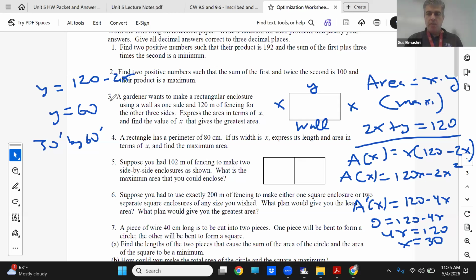Now, how do I prove that this is truly the best option? You take your second derivative, which is what? And of course, it's always concave down. Now, there is actually a restricted domain, by the way.